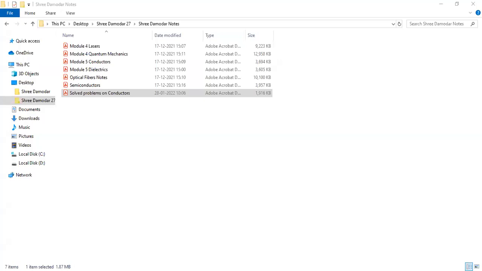Let me show how it has been done. First, consider this formula and cross multiply the denominator, and you will get f of E into e power (E minus EF) by KT plus 1, equal to 1. A little bit of algebra is required here.